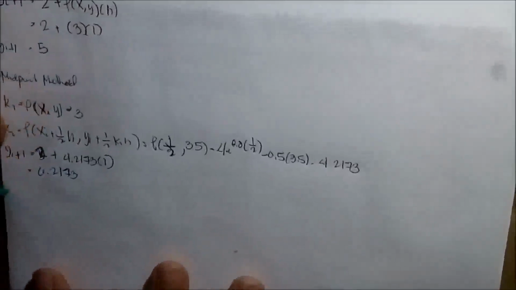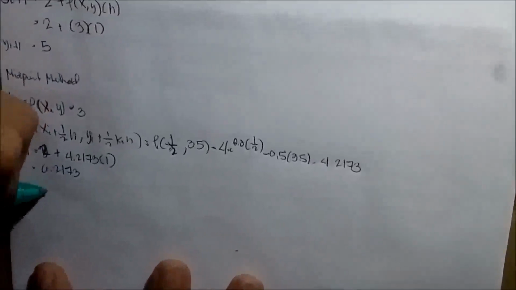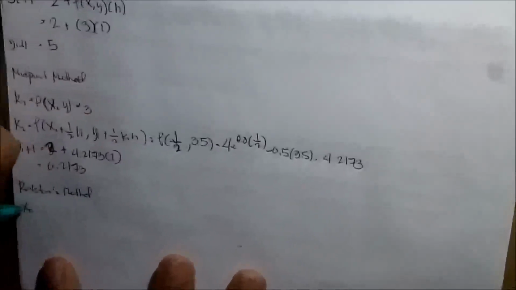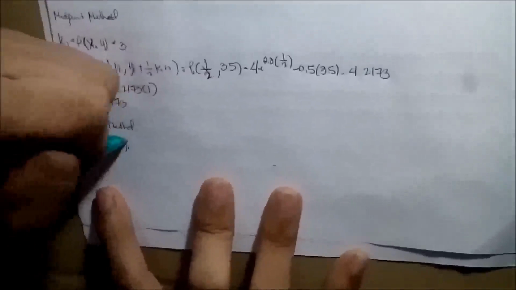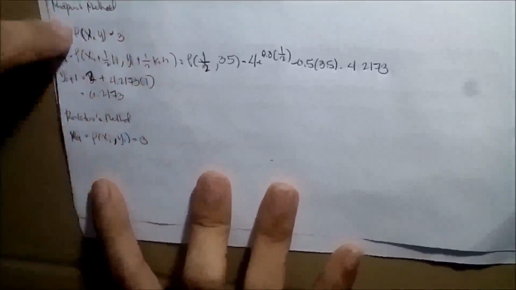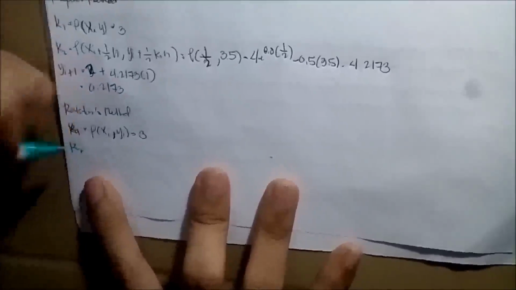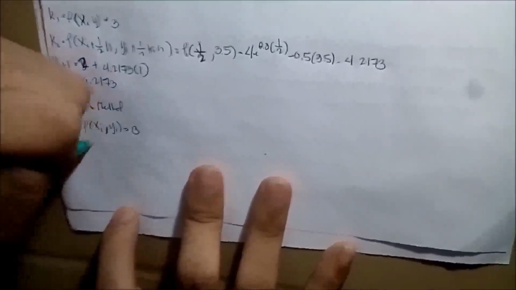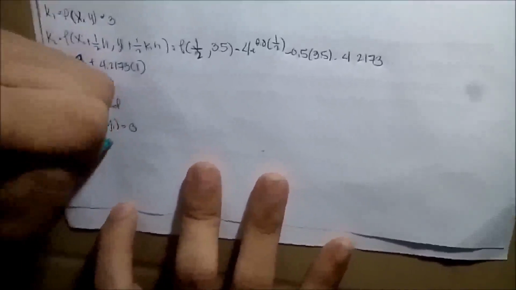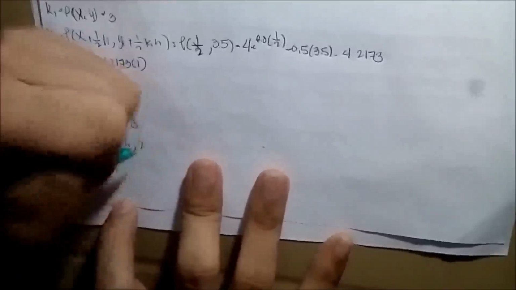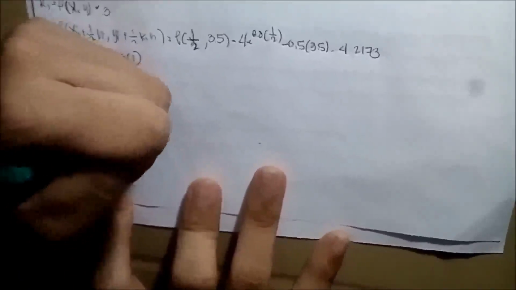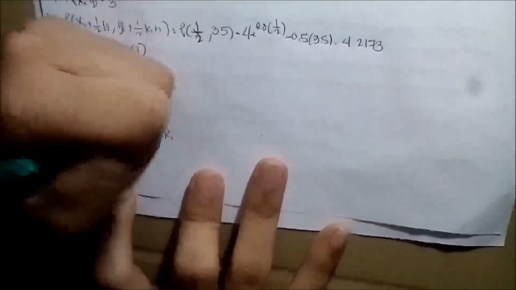Next, Ralston's method. x0 will remain 0. So K1 equals f of xi, yi. The answer will be 3. K2 is f of xi plus 3/4 h, yi plus 3/4 k1 h.